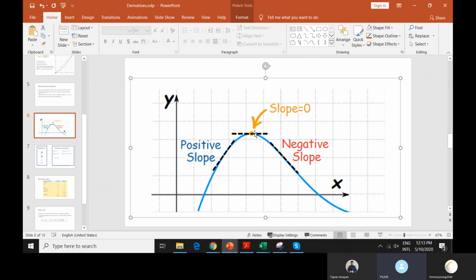So you have to know that at the maximum, the slope is 0. So for that you fill in 0 for the derivative of q. So you fill in 0 is equal to minus 0.025 q plus 12.